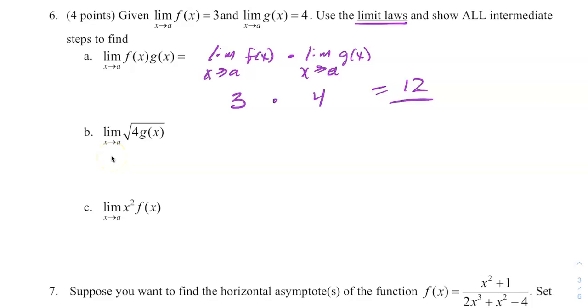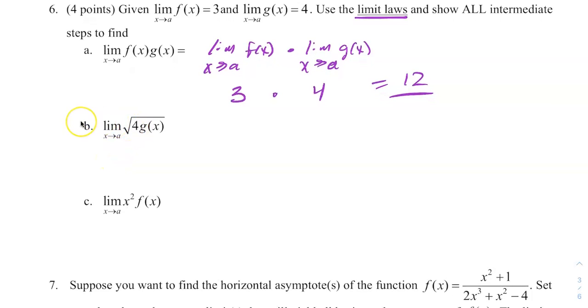Next one, same idea. I can use them all to pull the radical out. So this is going to be the radical limit as x approaches a of 4 g of x. Still not done though. I can't plug in my value because there's a 4 in the way, so I gotta pull that out.